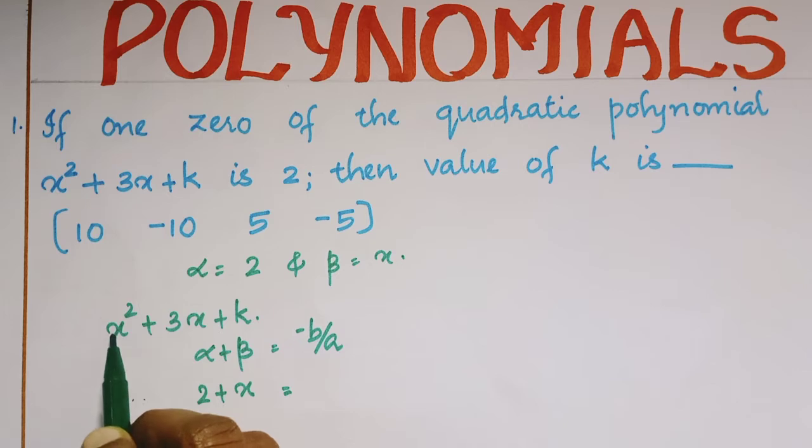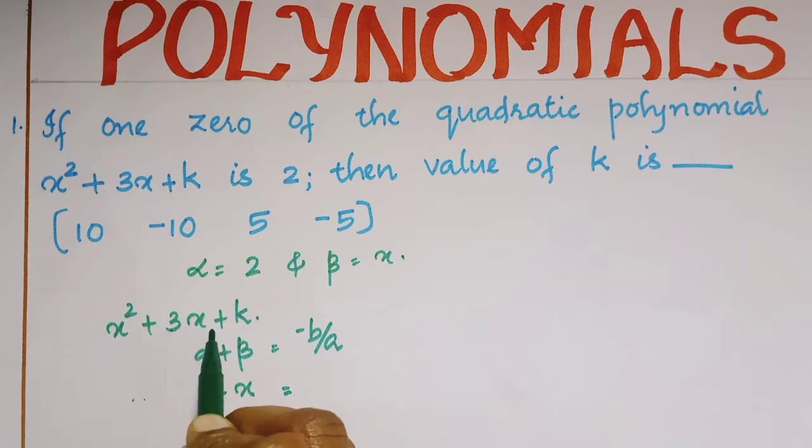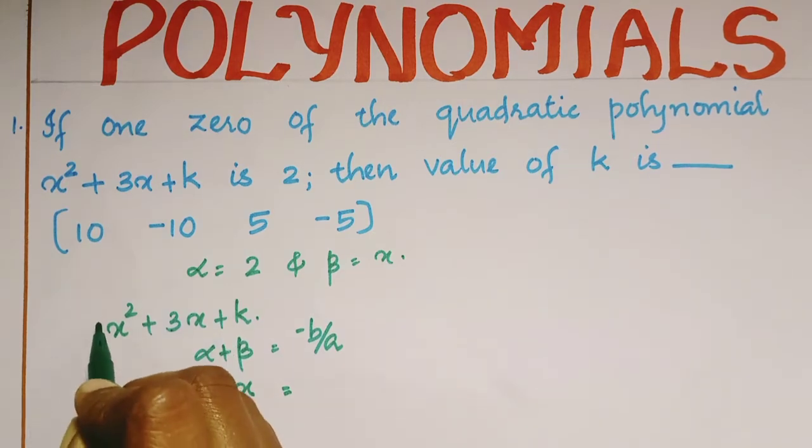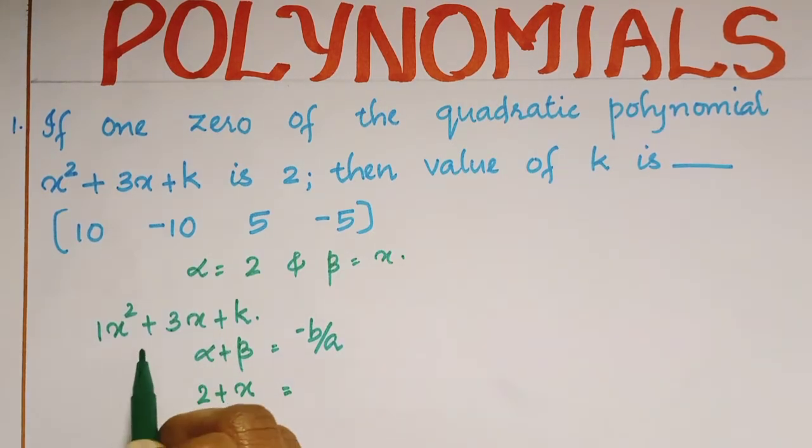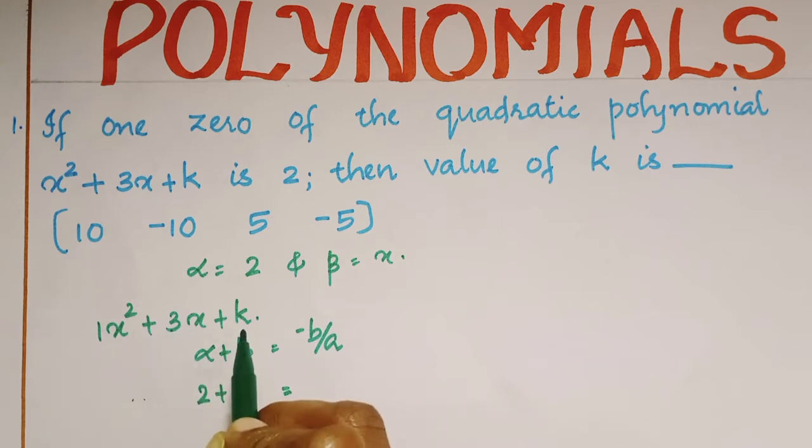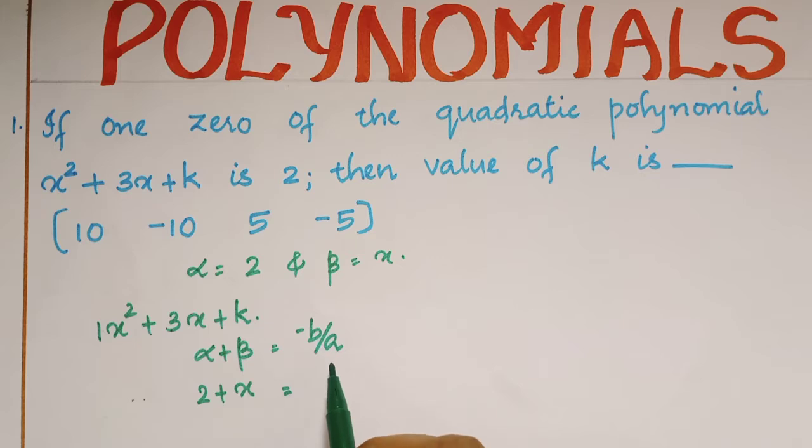Here ax square plus bx plus c is the form of a general polynomial. Then here a equal to 1, b equal to 3 and c equal to k. So minus b by a is minus 3 by 1. That means 2 plus x equal to minus 3.